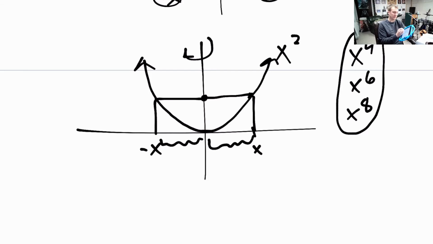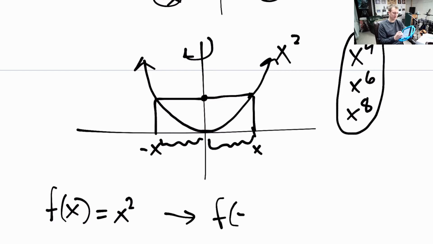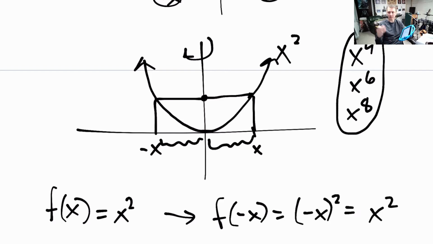Algebraically, you need to test. I'll use this example. Here's the rule for positive x. What does this turn into when I plug in negative x? Well, let's see. Negative x squared. Well, that's also x squared because the negatives cancel out. So what I get for f of x is the same as what I get for f of negative x.